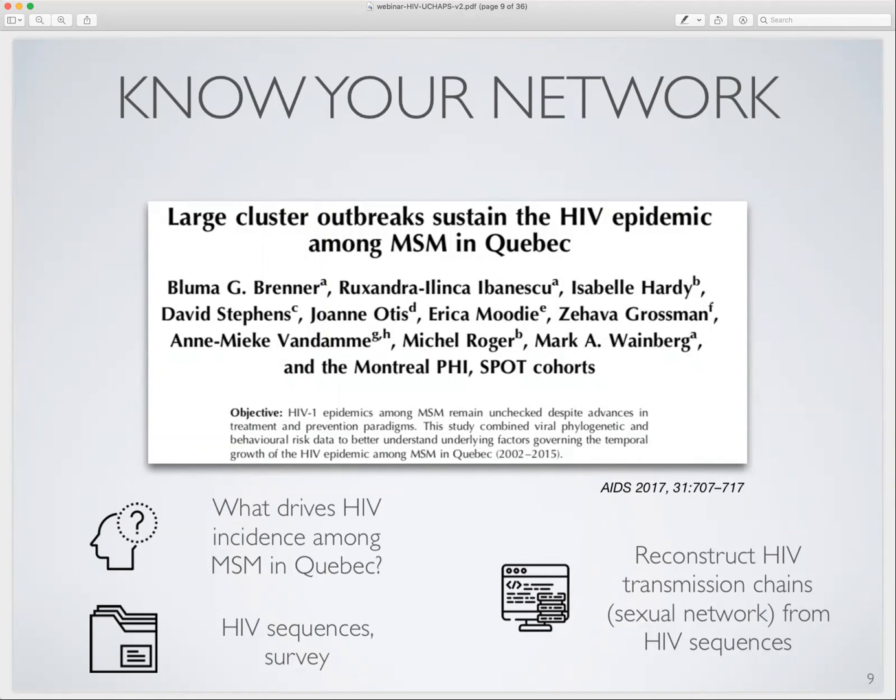Quebec? As is often the case in many settings, HIV sequences are routinely sampled from patients to test for potential drug resistance. So the researchers used these genetic data sets to reconstruct the most likely HIV transmission chains among these patients. And how did they do that?